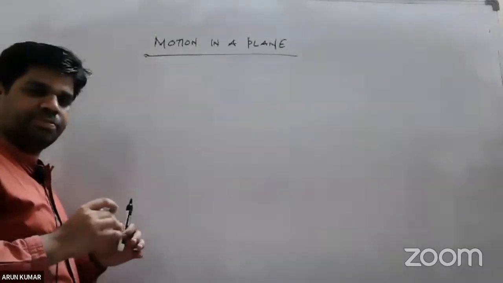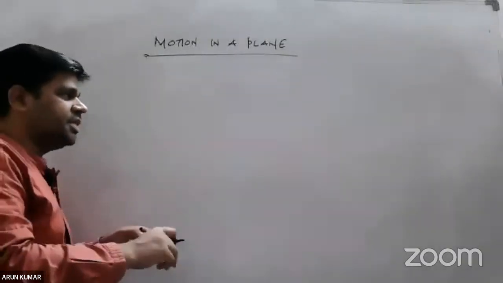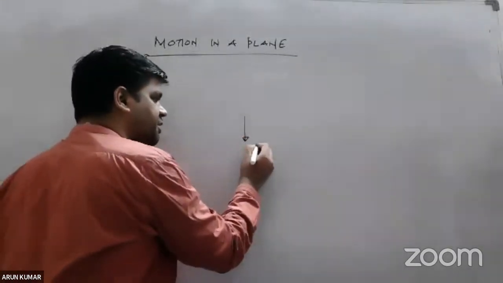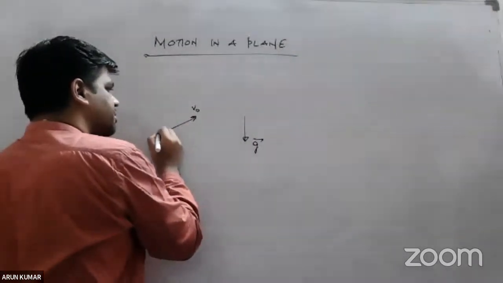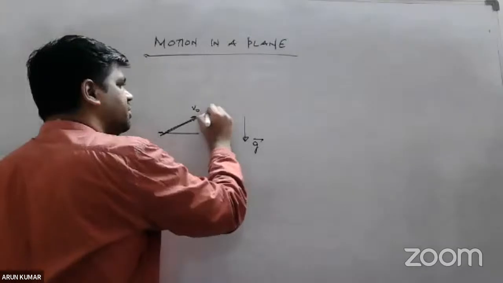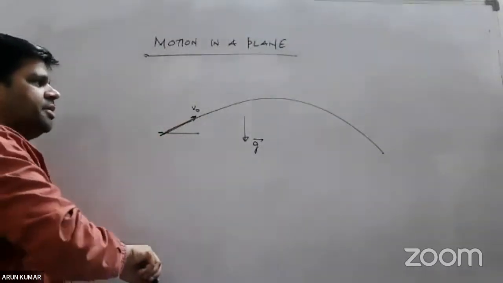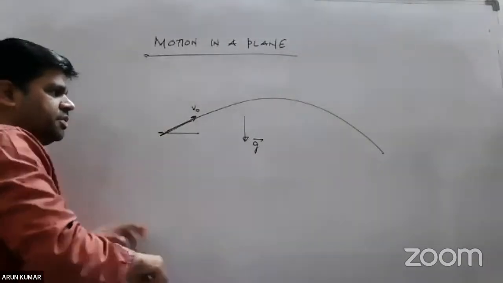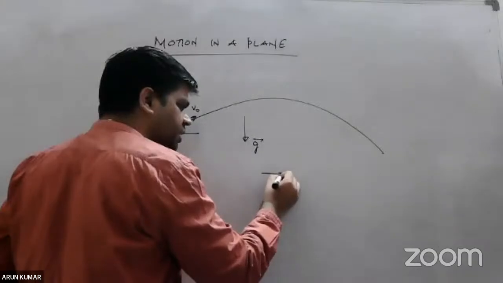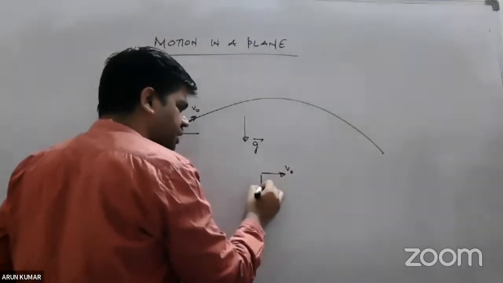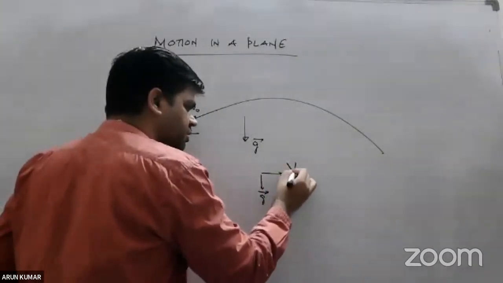So we'll do the analysis of the motion in which there is a constant acceleration. In this case, the constant acceleration is under gravity g, and a particle is projected like this. The particle goes in a certain path, which we will derive. But we'll start with motion in which I project a particle horizontally under gravity.